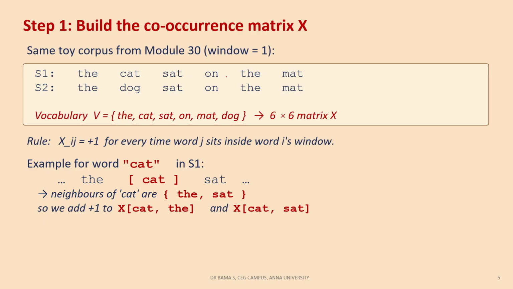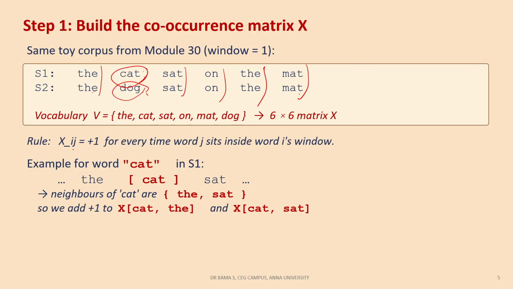S1 is "the cat sat on the mat", and if you see the vocabulary, we have the, cat, sat, on, mat. In S2 the same words are there, "the dog sat on the mat", the same words except these two are going to be different. So it is a 6 by 6 matrix, with 6 rows and 6 columns.